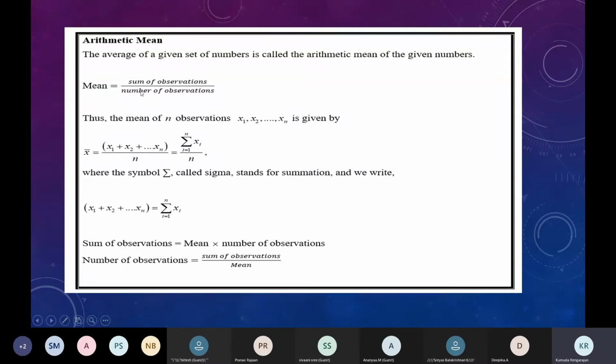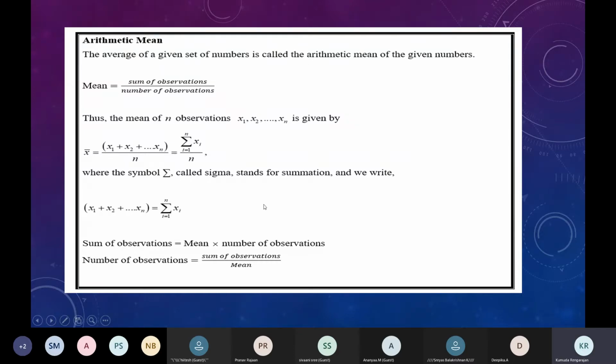Similarly, what will be the number of observations? Number of observations will be sum of the observations by mean. Simply cross multiply, and you get sum of all the observations is mean into number of observations. And from this, how will you find the number of observations? Sum of all the observations by mean.